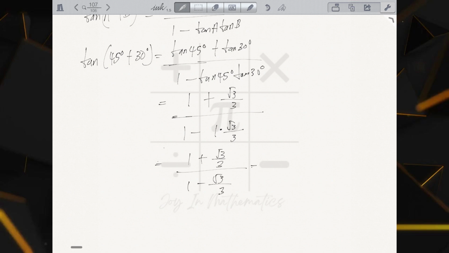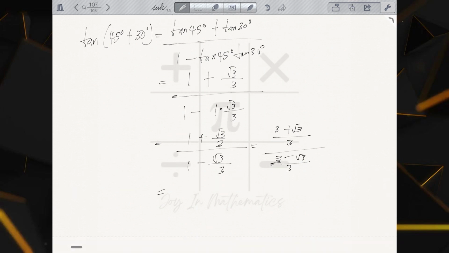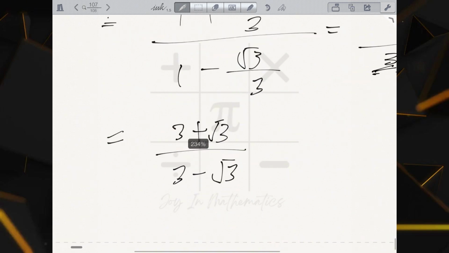Let's take the LCM of the numerator, that's 3, and this will be 3 plus root 3, and the LCM of the denominator is 3, which is the result into 3 minus root 3. So simplifying further, according to the law of trig, we have this to give us 3 plus root 3 divided by 3 minus root 3.